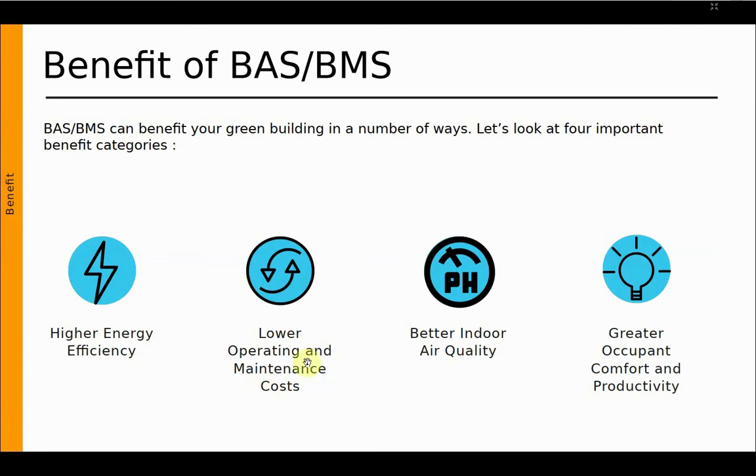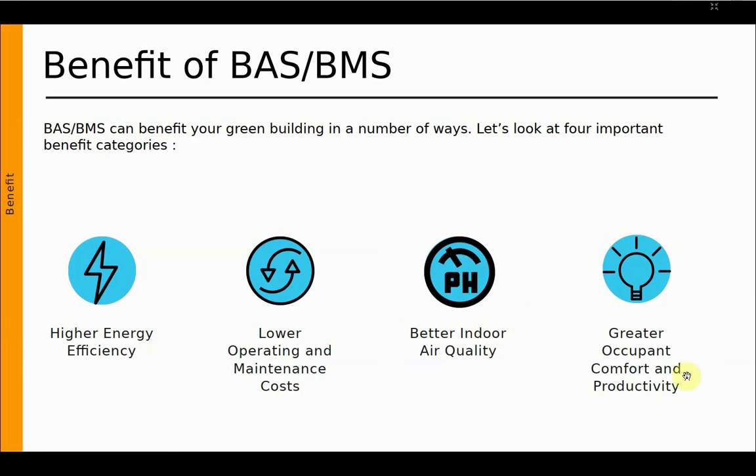Yes, of course, we can lower the operating and maintenance costs because we can reduce the personnel sent to the site. The personnel can monitor all of the building parameters with a smartphone or a gadget or on a laptop. The third one, building automation results in better indoor air quality.